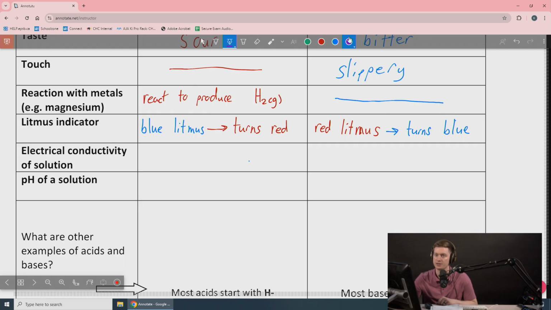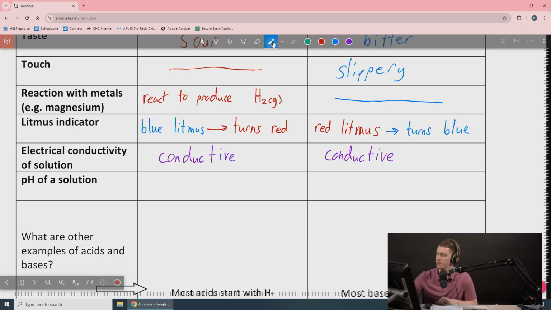So electrical conductivity of solution, they are conductive. We're going to write conductive, which means electricity will pass through. In contrast to molecular compounds in solution, which will not be conductive.